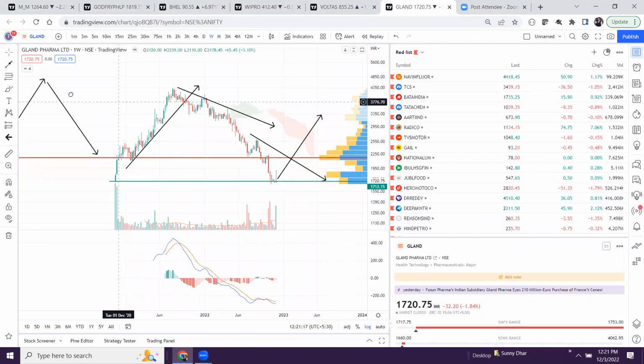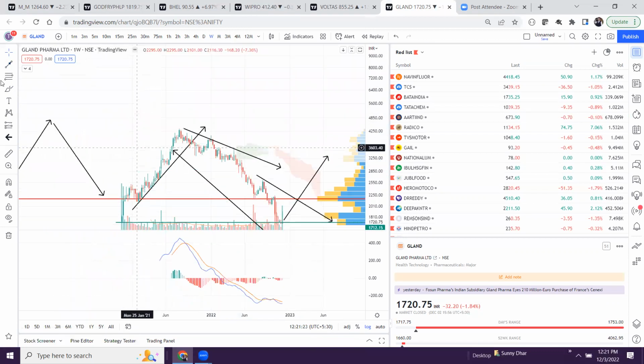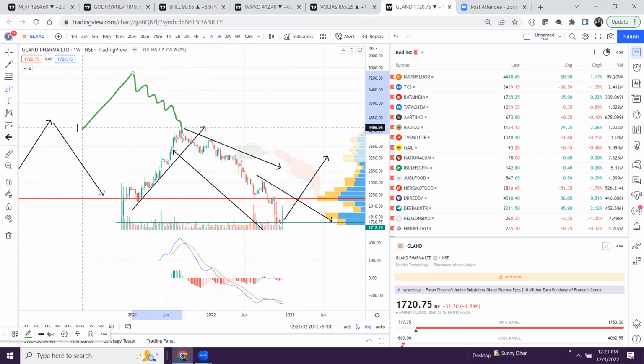Now as per Elliott, the next impulse will definitely come, but see, there are corrective patterns also. Let me draw quickly. This is a fast move, followed by a slow move that has broken this.